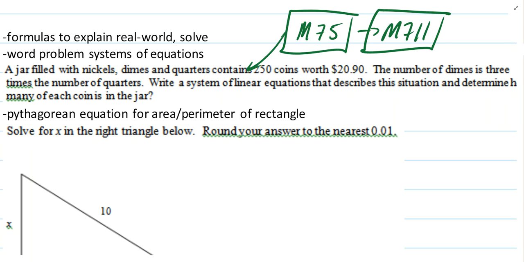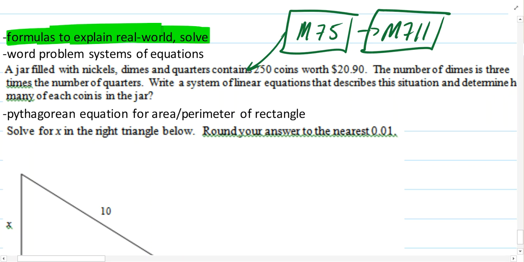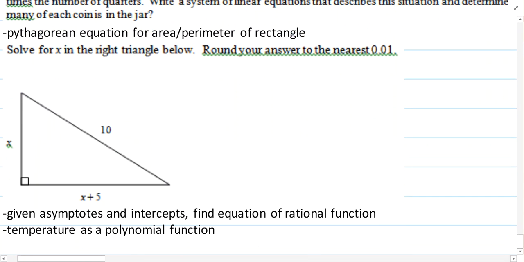Now, the goal for this calculator permitted portion of the test is to use formulas or techniques that we practiced in an abstract sense to explain real-world problems and to solve real-world or descriptive problems. And we have exactly that right here. Our job is to use a Pythagorean equation to solve for x in the triangle below. And the problem is that x is unknown as part of 2 sides.